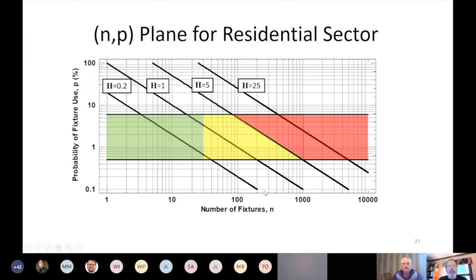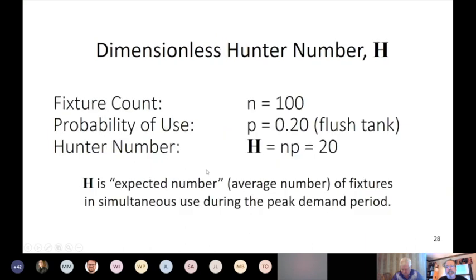And you'll notice here we've got Hunter numbers ranging from 0.2 to 1, 5, and 25. I want to just say something briefly about these Hunter numbers. The Hunter number is a term we've introduced. It's defined as the product of N times P. It's got a really nice physical interpretation. It's really the average number of fixtures that are in simultaneous use during the peak demand period.